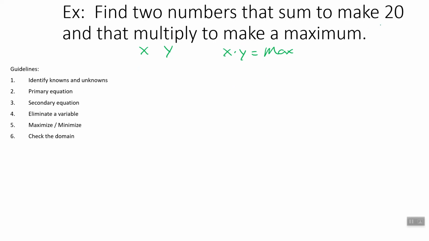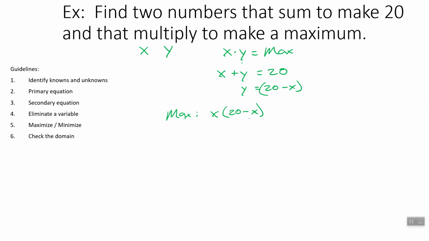Secondary equation. Well, we're also told that they are going to sum to be 20. Eliminate a variable. Well, let's solve for y. All right, so now we can take this 20 minus x and plug it in up here for y. So we want to maximize this expression, x times 20 minus x.